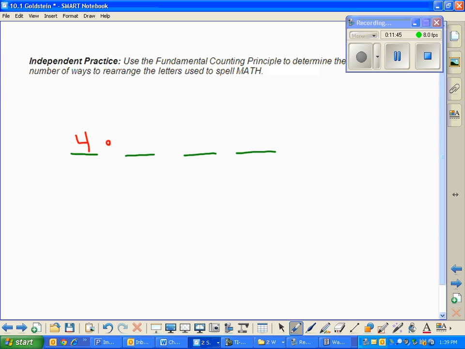Okay, well, after we pick A, let's say. What if we picked A? Then what do we have left? How many options? 3. We just have 3 options left. Then we have only 2 letters left to pick from. And lastly, just that one letter that we have to go with. So I picked A for this one. We had to pick from these 3 left.